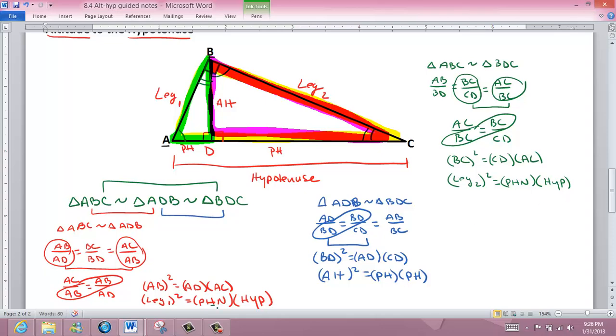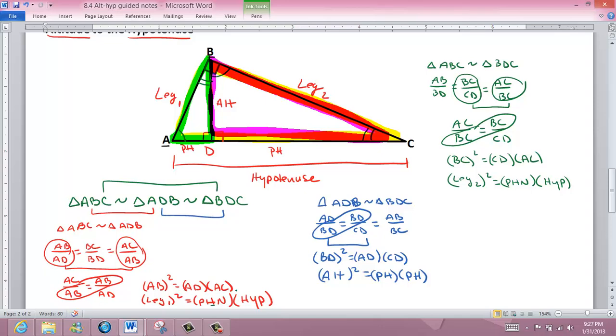Now, what does all of this mean? Well, basically we get two valuable formulas. If we look at the red area here, the leg of the original right triangle acts as a geometric mean between the piece of the hypotenuse nearby it and the whole hypotenuse. If we look at the blue information, when BD is a geometric mean, BD represents the altitude, so the altitude acts as a geometric mean between the two pieces of the hypotenuse.